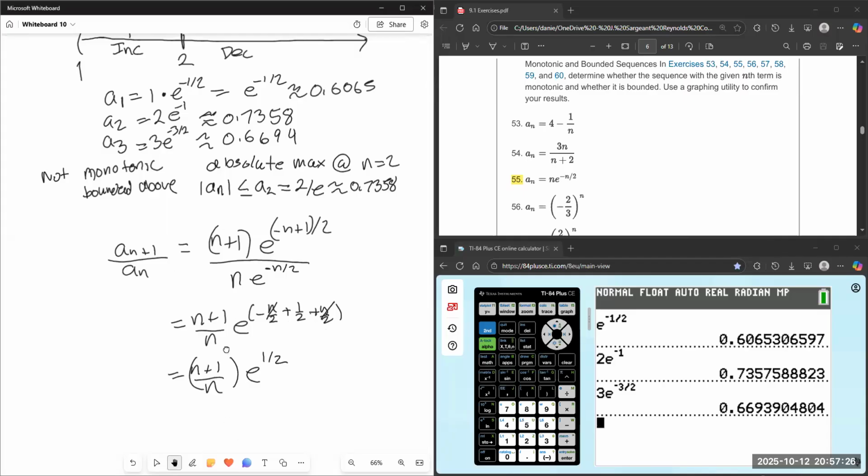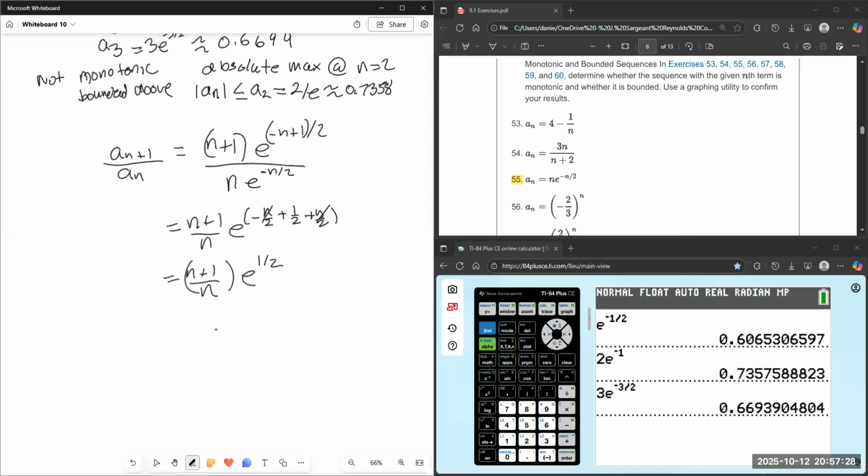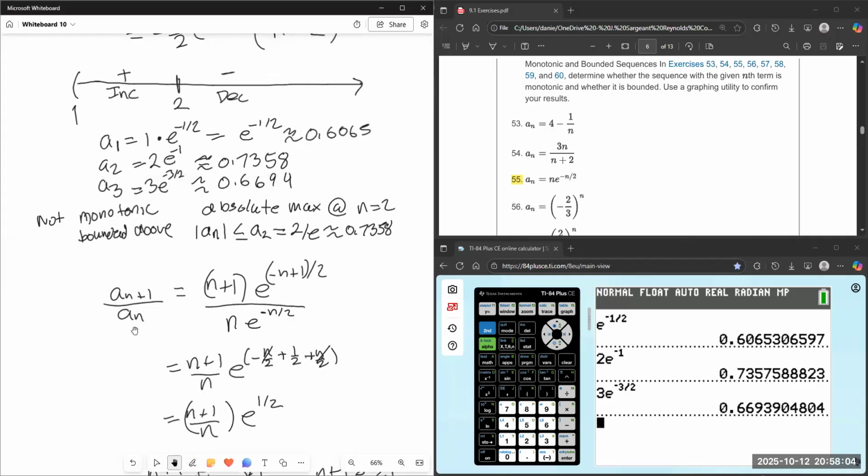And this piece right here is greater than 1 when n plus 1 over n e to the 1/2 is greater than 1. I want to see where it's greater than 1, where it's less than 1. And I can solve that with my calculator and see where that's true and where it's less than 1. And I'll see that it switches at 2.